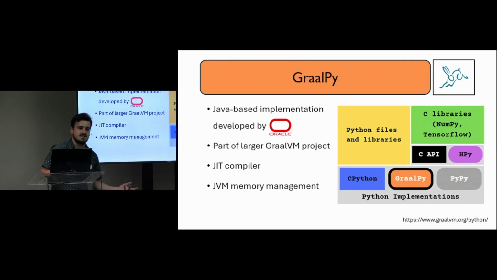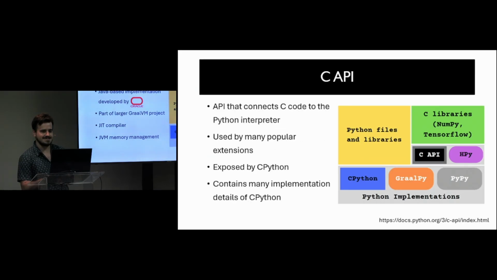What that means is that as GraalPy interprets code, it will identify parts of the code that are run frequently, compile them as it's running, and then when it runs that code again, it will use the compiled code instead of just using the bytecode it normally uses. And its memory management is based on the JVM. Details on this are very hard to find. Trust me, I've tried for my thesis, but it's based on JVM memory management. I think it might be proprietary Oracle information. So no further details on that, unfortunately.